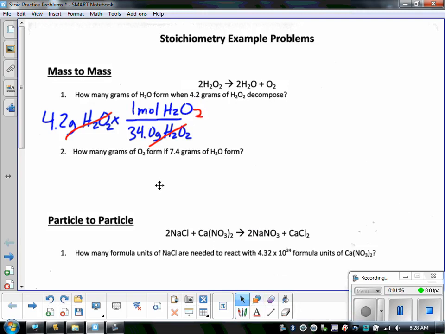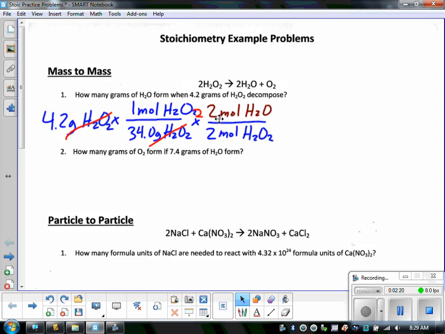If you did that in your calculator, 4.2 divided by 34, you'd get 0.124 moles of H2O2. Now that we know the moles, we're going to do what we did in the beginning of Unit 2. We're going to do a mole-to-mole conversion. We don't need to write out that answer separately. We can just keep going with our math.